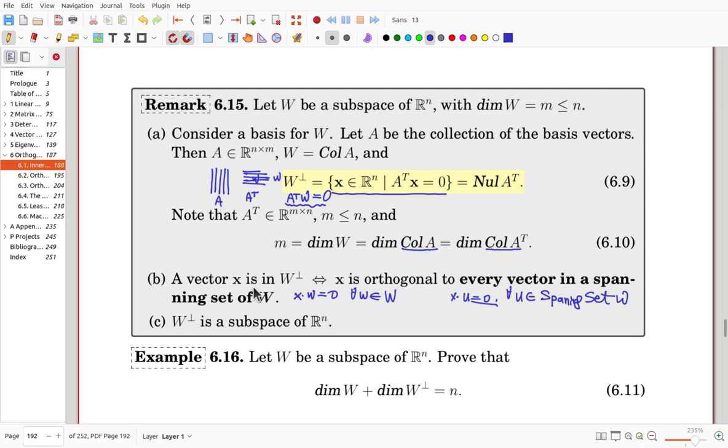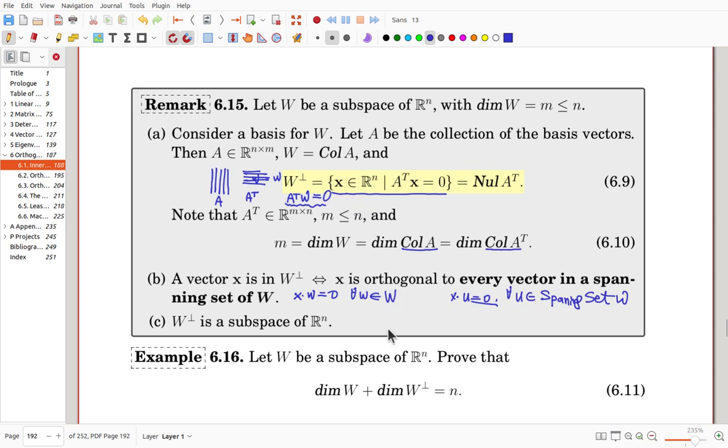So rather than every choice of vector from W, we may consider a spanning set of W, so that if x is orthogonal to the spanning set, then we can say x is in W perp. A basis is also a spanning set. Now we already used it in part A.